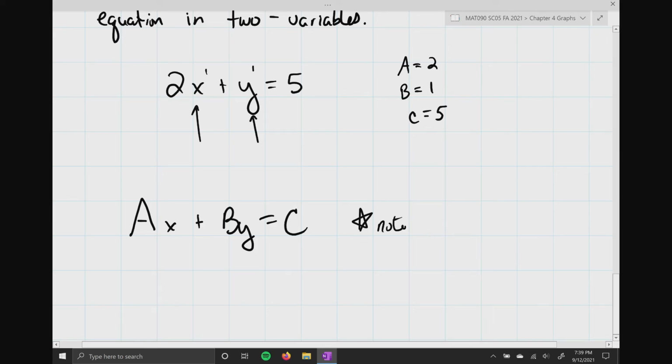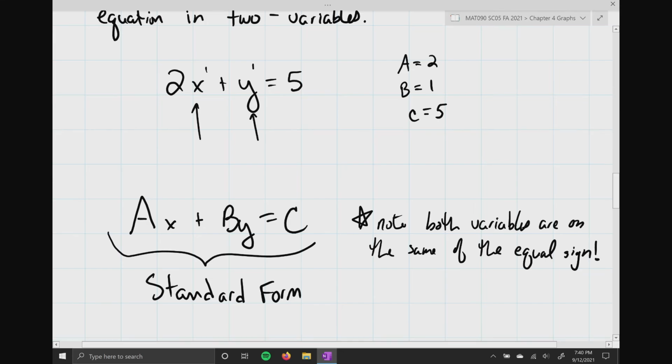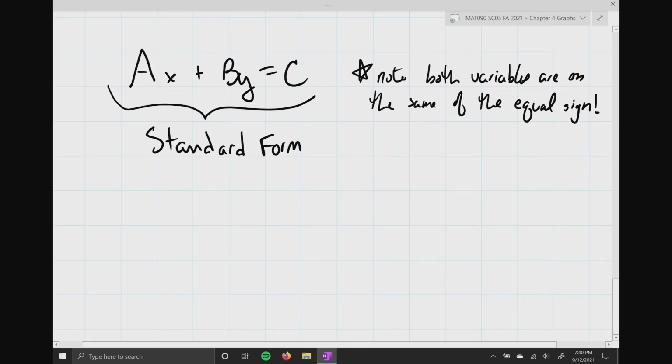Actually, just put note: both variables are on the same side of the equal sign. When that happens, we say that the linear equation is in standard form. Okay? So when both variables are on the same side, it's called standard form.